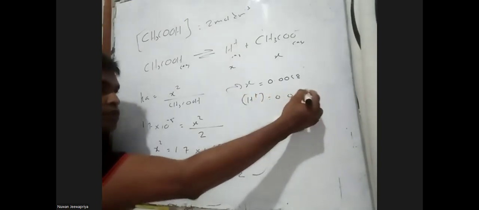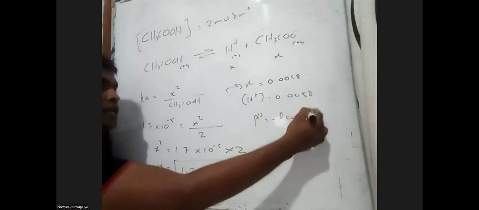If I made the calculation correctly, it is 0.0058. So now you can find the pH. The H plus concentration is 0.0058, and the pH is equal to minus log H plus concentration. So the pH for question 14C will be 4.5 is the answer. So that's the way we do it.